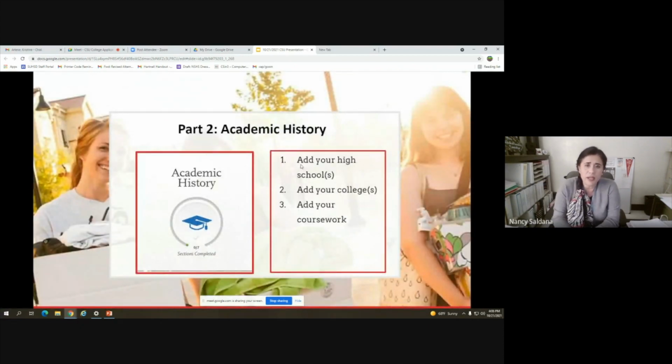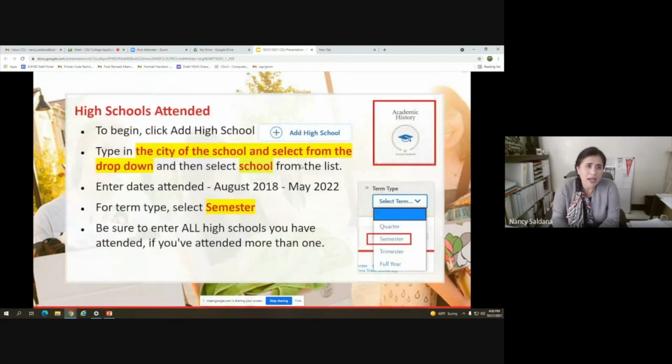The second part is your academic history. With your academic history, you will need to identify all of the high schools that you have attended throughout your high school lifetime. So the majority of you have attended North Salinas High School, so that's going to be one of the schools that you identify as having attended.